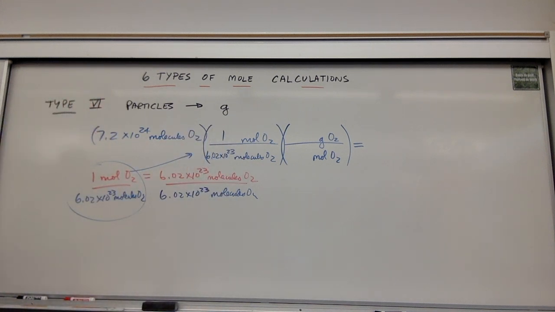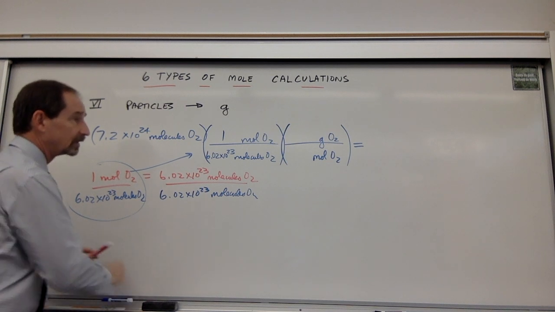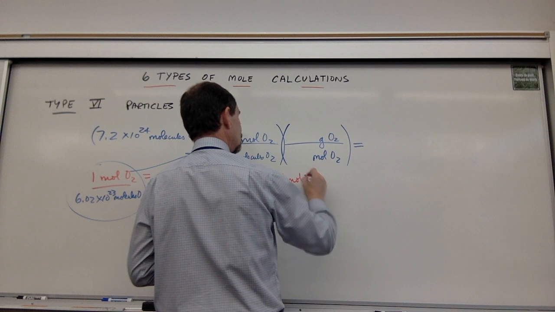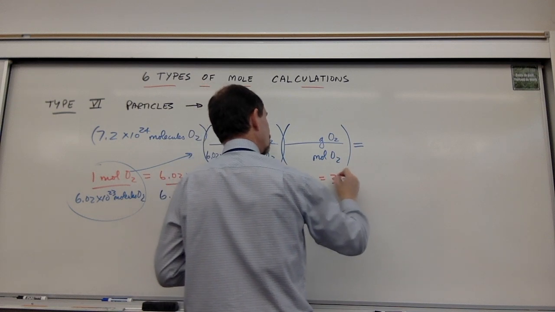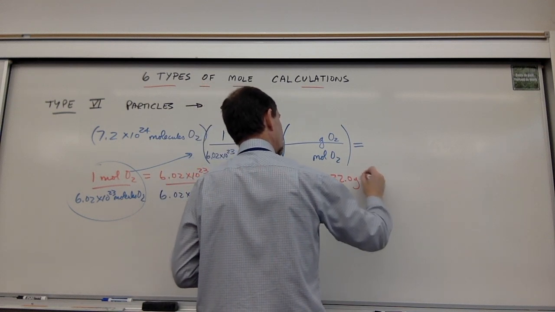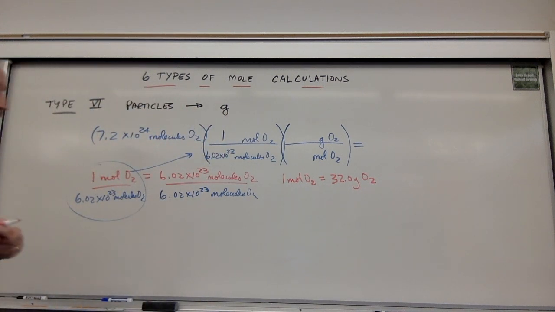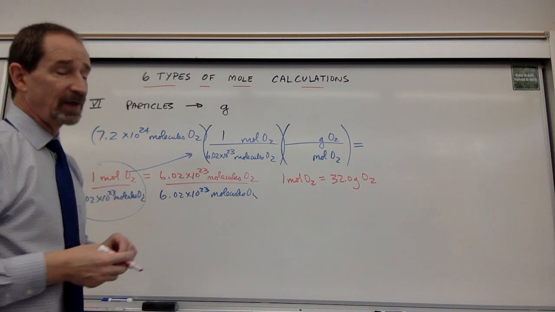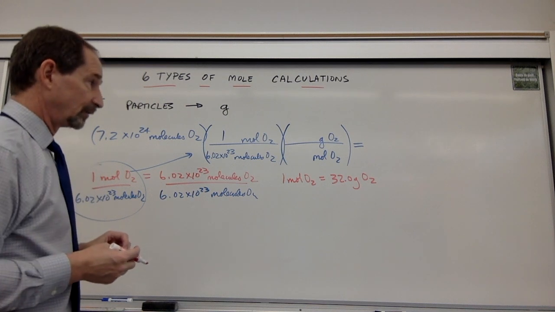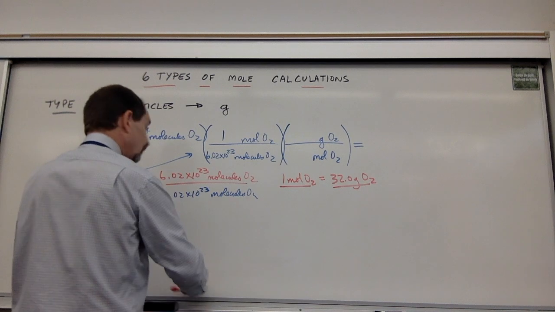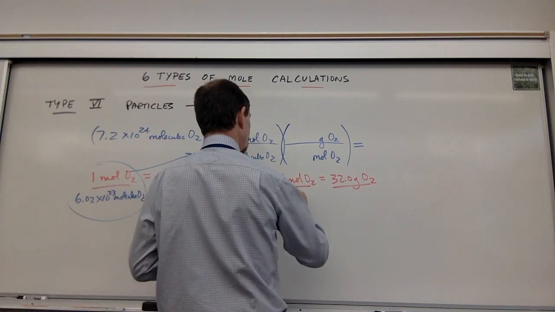For my second set of brackets, I need a second equality. 1 mole of oxygen molecules is equal to 32.0 grams of oxygen. And of course I got the 32 simply by looking on the periodic table and seeing each oxygen atom has a mass of 16. Divide both sides of the equation now by 1 mole of oxygen.